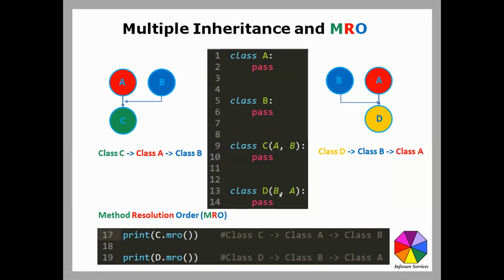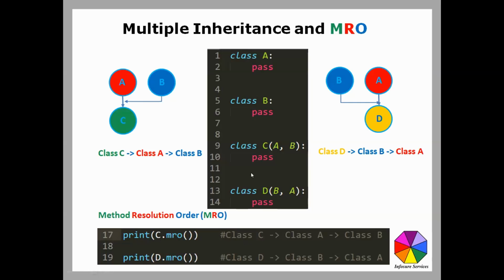There is something called the method resolution order, which is available as a default function. If I do class C dot MRO, method resolution order, it will tell what is the order.